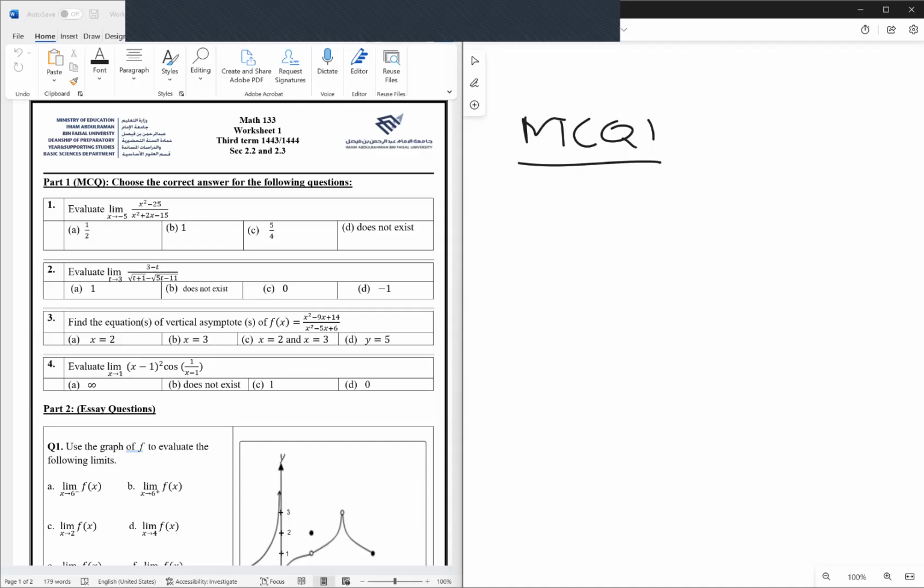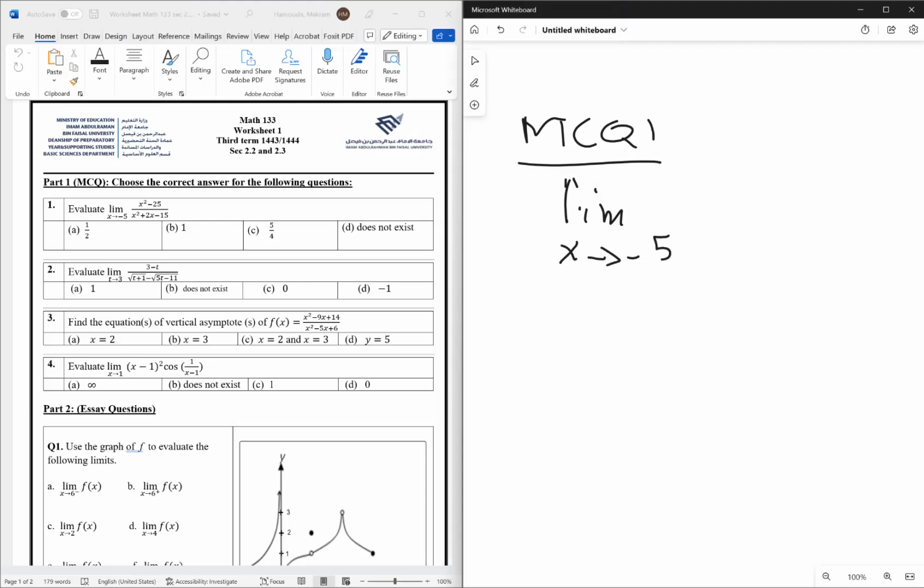we have the computation of the limit as x approaches minus 5 of the rational function x squared minus 25 over x squared plus 2x minus 15.